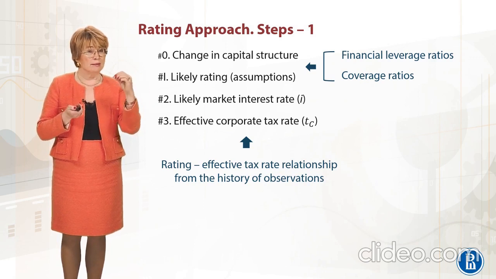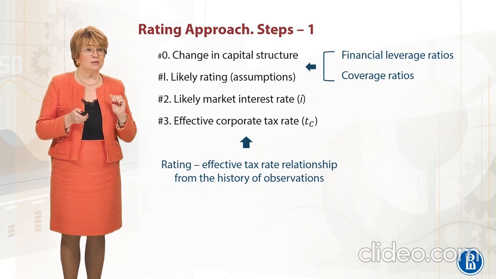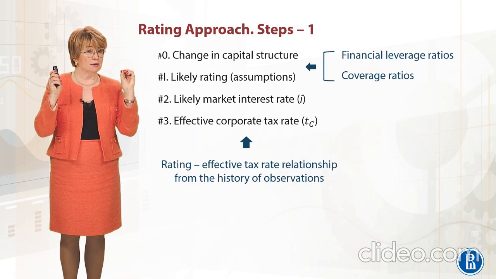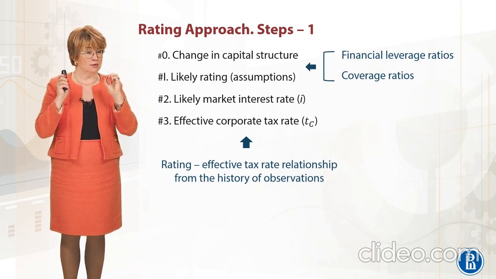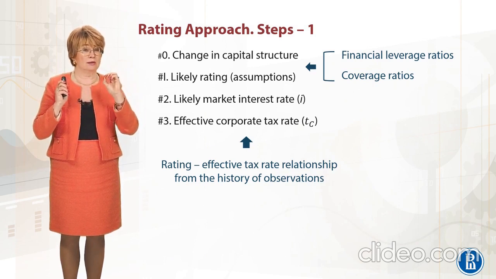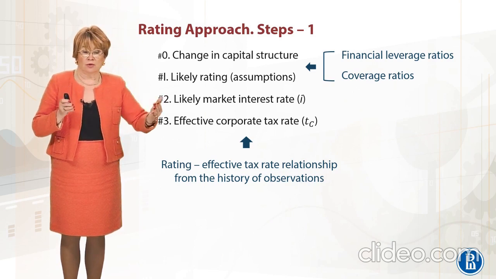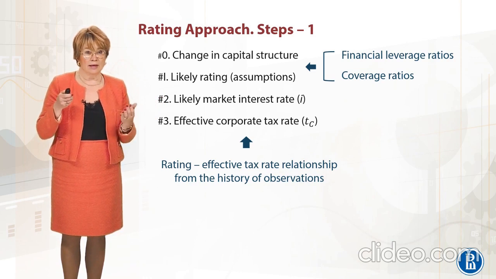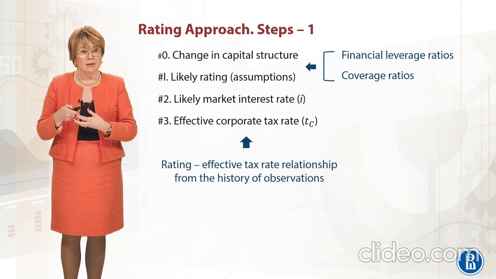After step number 1, you have your likely rating class. In step number 2, you will get your likely default spread. And if you add your likely default spread to the risk-free rate currently observed at the moment of your analysis, which is the Treasury bond in most cases, then you will get your likely current market interest rate.